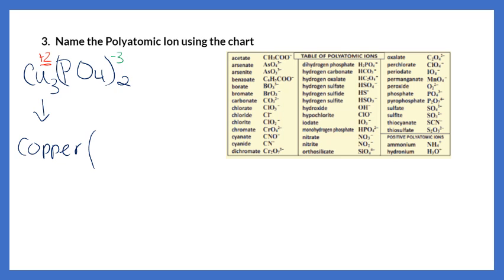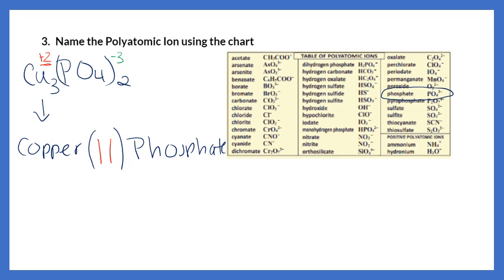That +2 needs to be put into a Roman numeral of 2 lines. And now the third step says you need to name the polyatomic ion using the chart. So PO4 is here. And again, it's phosphate, so we just write phosphate.